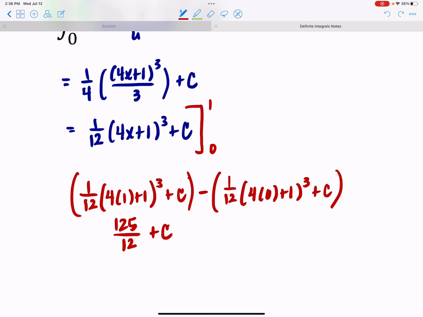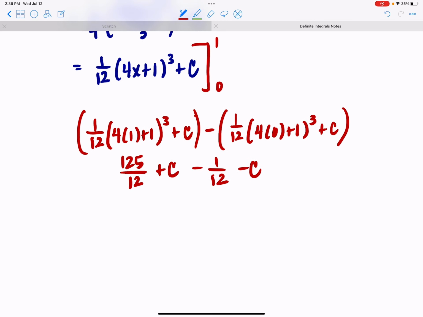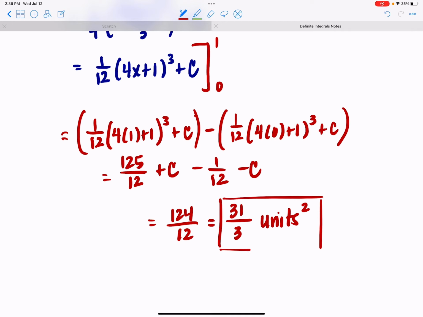So that's going to be a minus 1/12 and then a minus c. So again, c's are going to cancel. And 125 over 12 minus 1 over 12 is going to leave us 124 over 12, and that reduces by, let's see, 4. 4 goes into that numerator 31 times and into the denominator 3 times. So 31/3 units squared is our area.